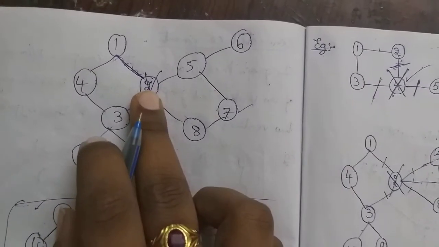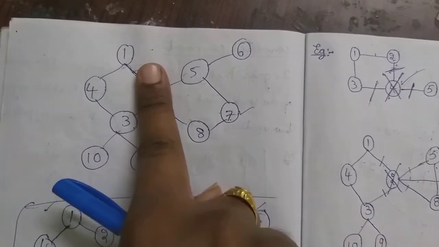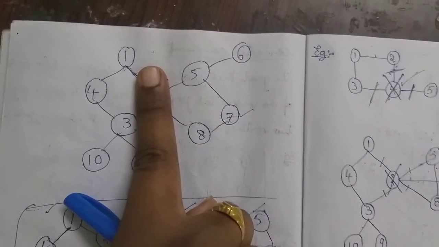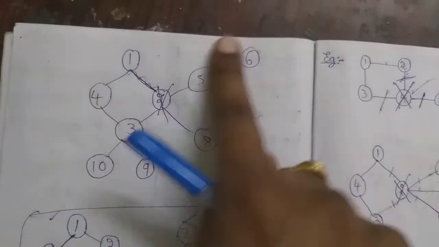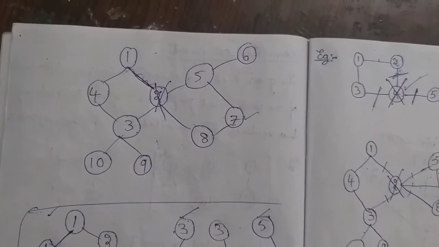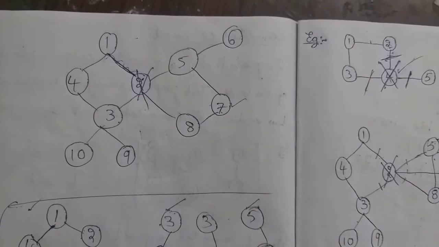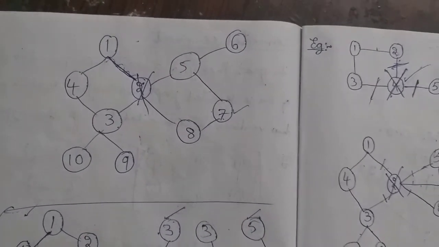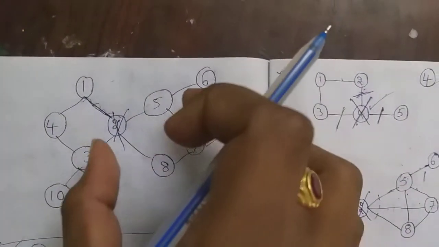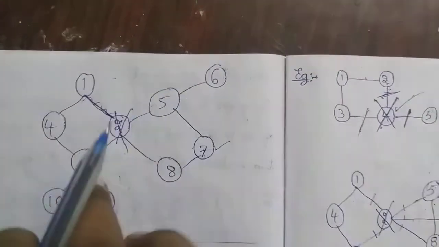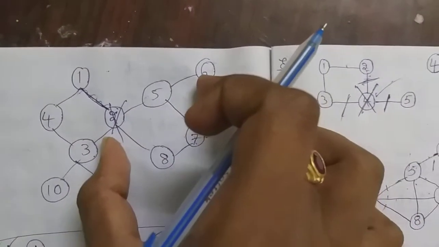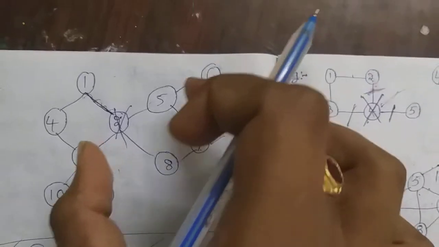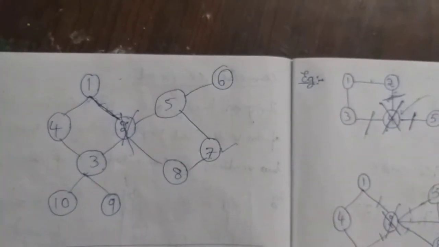Since 2 is an articulation point, if this single station is down, we cannot communicate from all these stations to all the remaining stations. That is the reason, given a network, we should be able to find articulation points and we should make this graph a biconnected graph, without having articulation points. How can we do that?